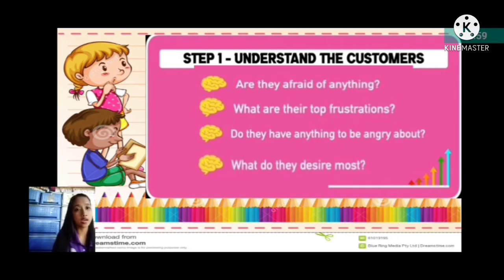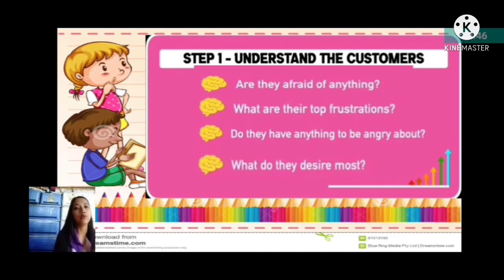What do they desire most? You have to think about what the customers desire the most. When you are introducing a new product or a new service, you might consider what the trend is and what the desires of the consumers are.